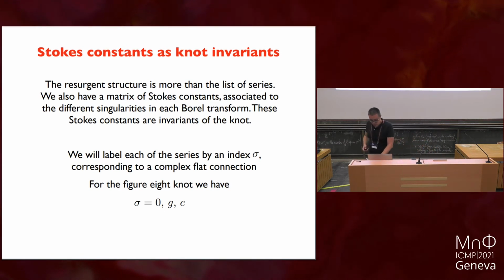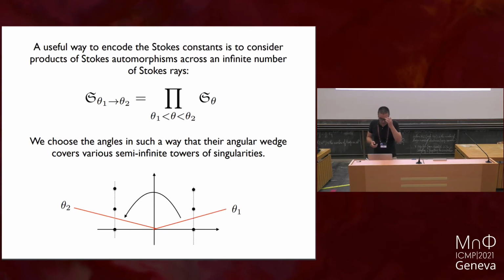Now, it's very easy to see that if you want to calculate these Stokes constants, you have to be careful because you have an infinite number of them, and a very powerful way to encode all this information is to consider what are called products of Stokes automorphisms. This last part of the talk is a little bit more technical, but I just want to state a result. Let me give you an idea of how this goes. Remember that Stokes automorphisms essentially encode how one power series relates to the other. And they depend on an angle theta, okay?